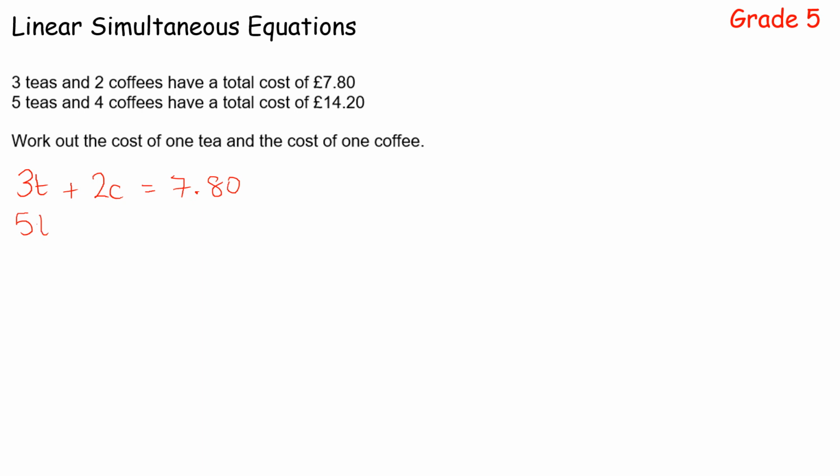And 5T plus 4C equals £14.20. Okay. What I want to do, like I did before, is eliminate my C terms. I need to make sure that the coefficient in front of C is the same. So I'm going to multiply the first equation by 2.